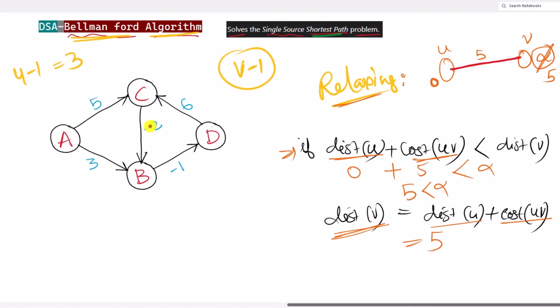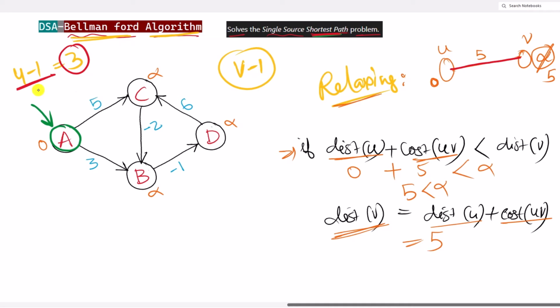So here in this graph, because we have 4 vertices, we have to relax all the edges 3 times. Then we are going to get the shortest path from the source to all the other vertices. Suppose you are starting from this vertex A. Here the distance will be 0 and initially all the other vertices will have the distance of infinity.